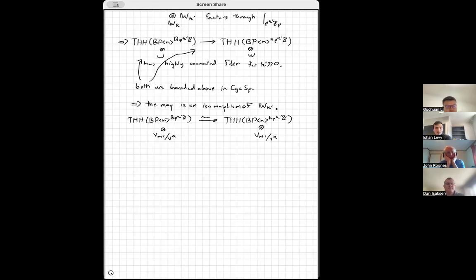And you can apply TC to both of these objects. And there was this lemma from the beginning of the lecture that said that from TC of both of these objects, if A is sufficiently large, you can in fact recover the TC after inverting v, that's the telescopic homotopy groups.